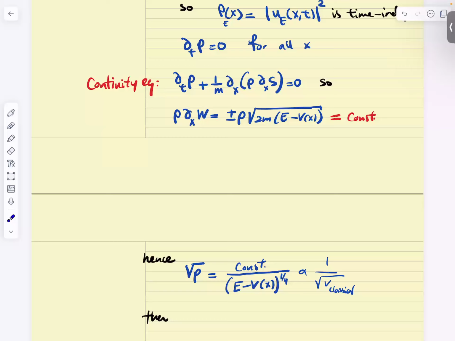That's my equation. From that, I learned that if I take a square root, I'm going to get this equation. Good? Quarter. 1 over 4, yes.